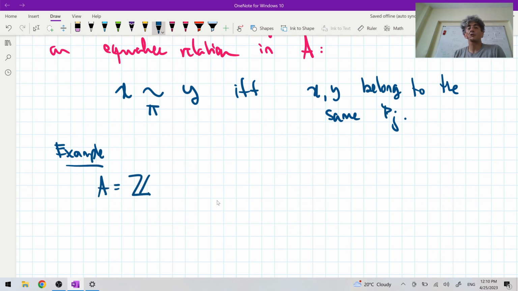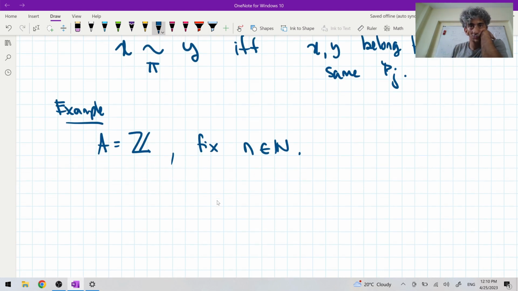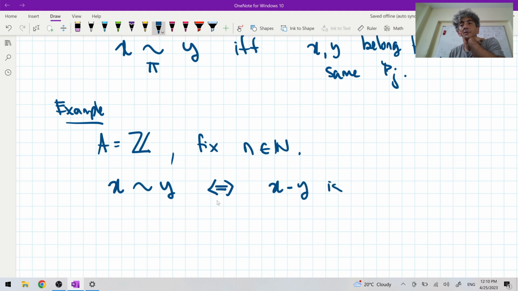The integers, and let's fix a natural number n, and we're going to say the following: X is related to Y if and only if x minus y is divisible by n.